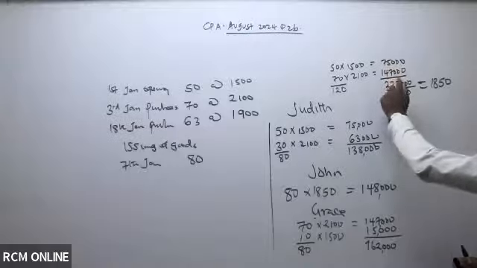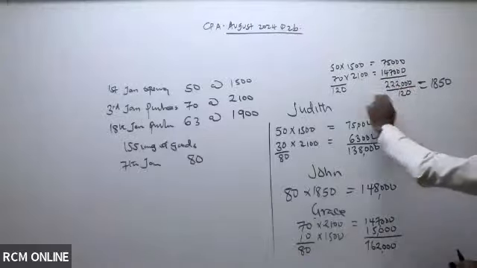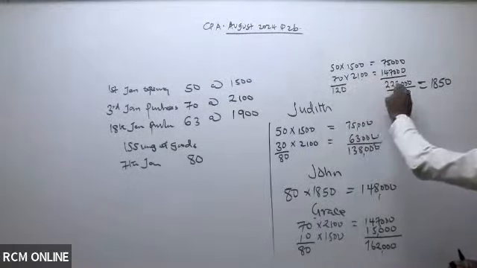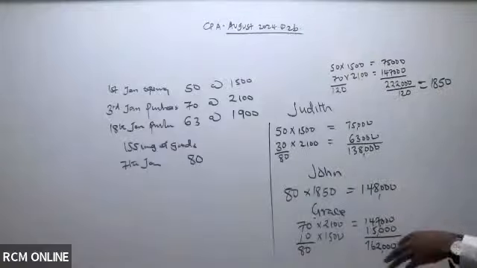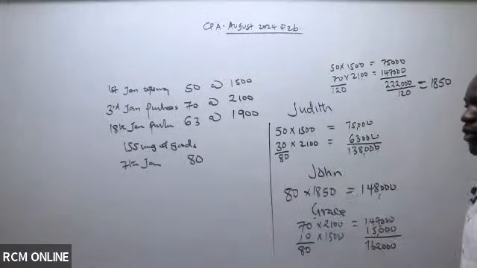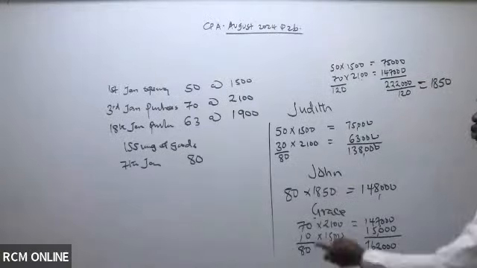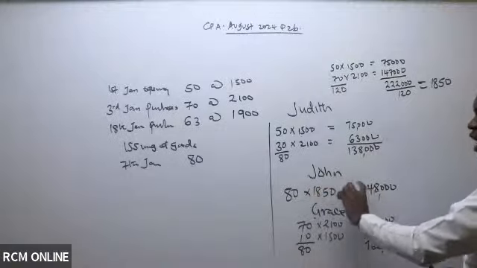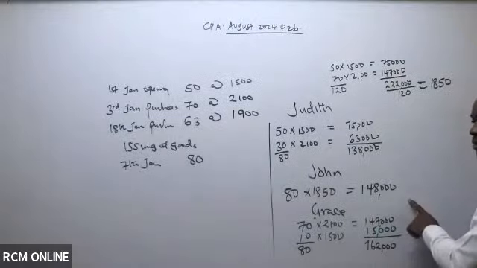That will give him 222,000. And total units, 120. When he divided total value by the quantity, he got 1,850 as the average cost per unit. Then he said, that is what I will use as the cost. So he took 80 units multiplied by the cost per unit or average cost, and he got 148,000.